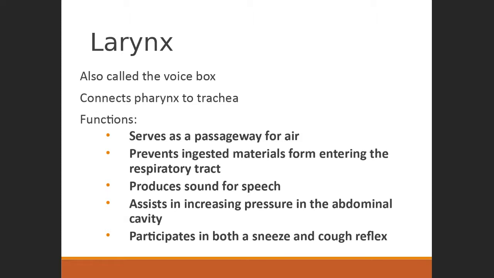It's going to assist us in increasing interabdominal cavity pressure as we seal that off and prevent air from flowing through. And we'll look at a part of the larynx that will physically separate the respiratory from the digestive as we're continuing on with that swallowing process.